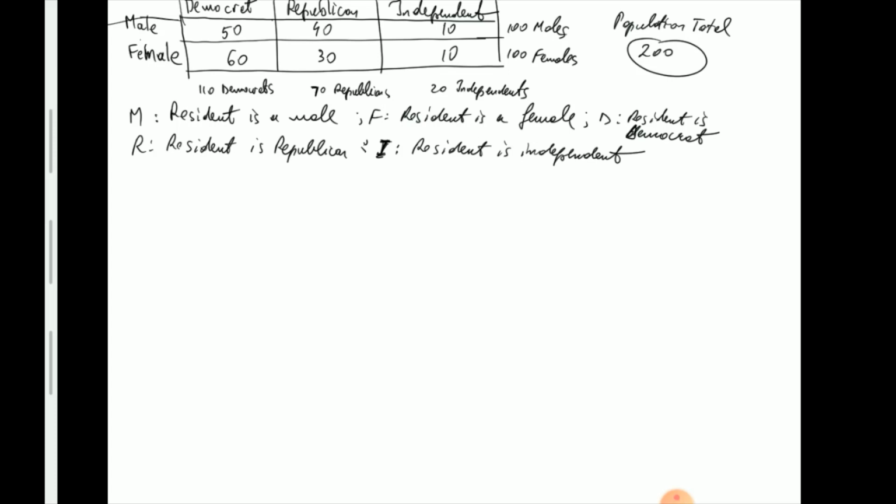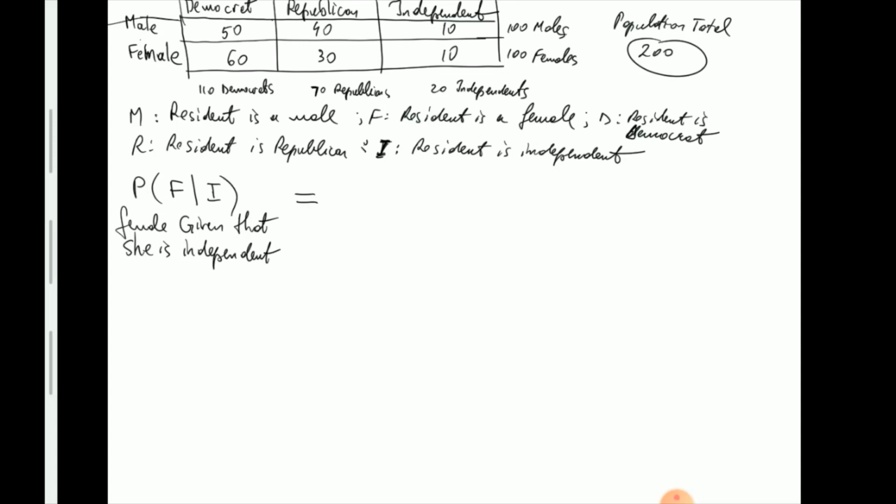Okay, so let's ask a couple of questions here. For example, what is the probability of a female given that she is independent?